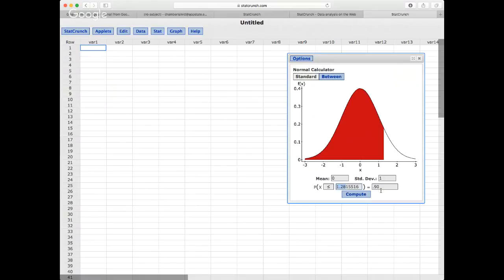So let me just fix that real quick. All right. So I'm going to go back to my normal calculator, which you guys are still looking at. Okay, you guys can't even see the screen I'm writing on. That's helpful. So go back to the normal calculator. And let's just try that again.